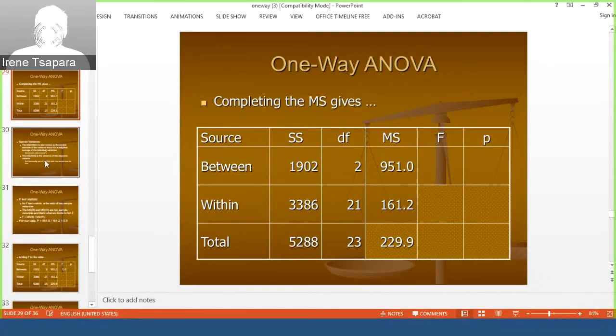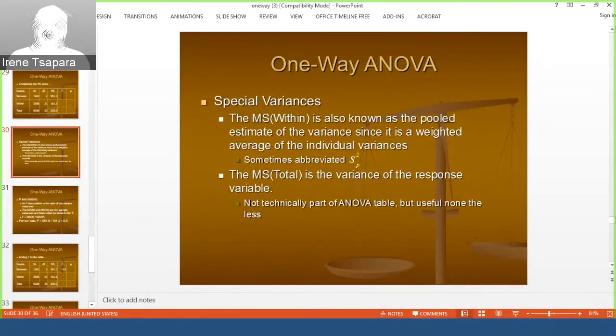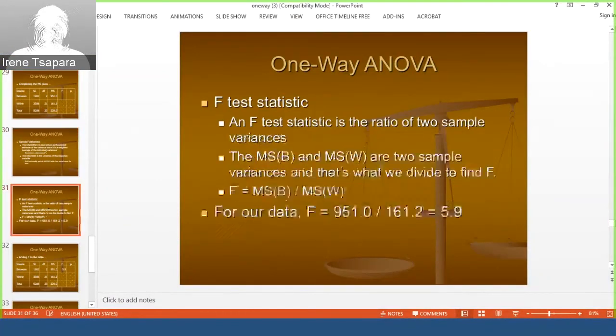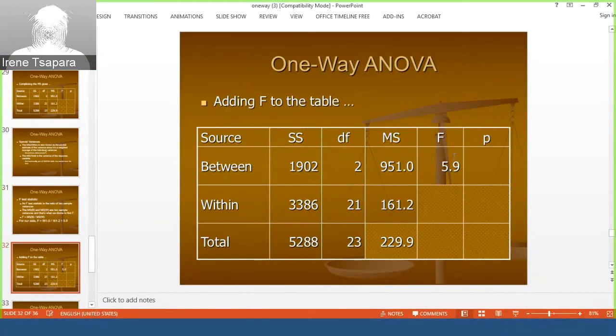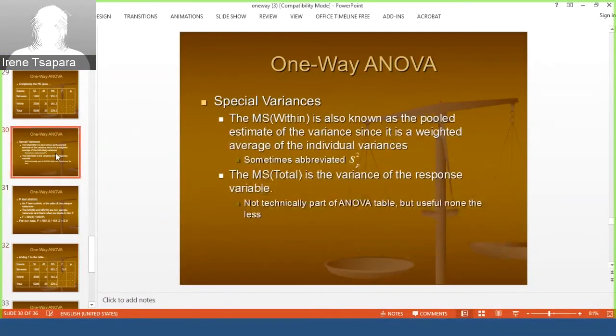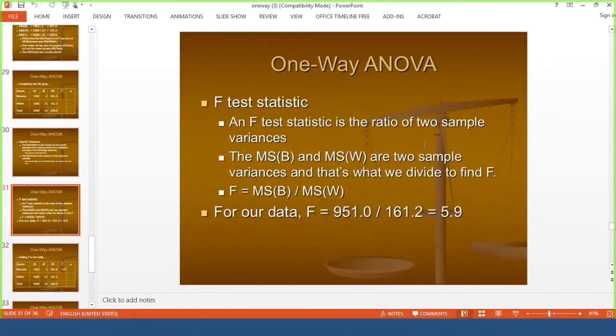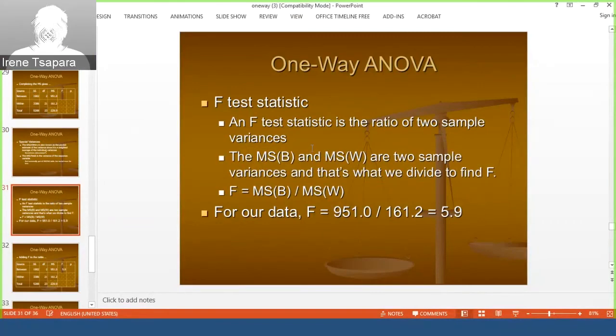Okay, and now we are ready to look at the F test. What is the F test? The F test is the number that we are looking at right here, the number that we will put in this column. And this number, the F test, is nothing else than the ratio of the two sample variances.